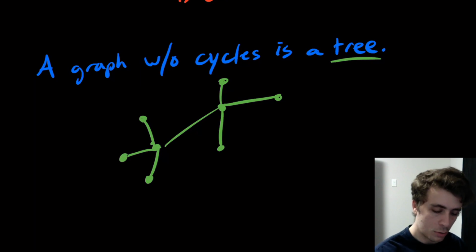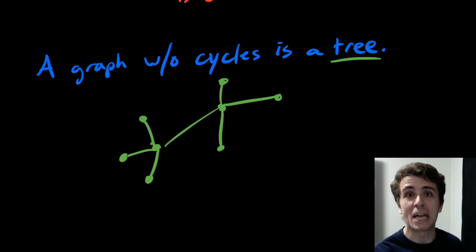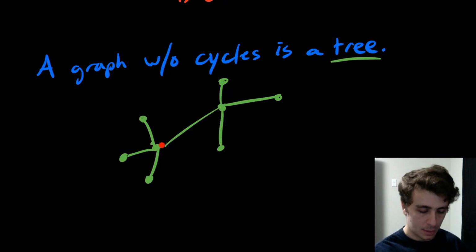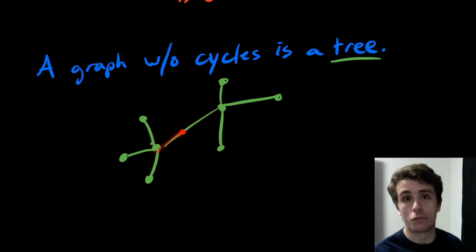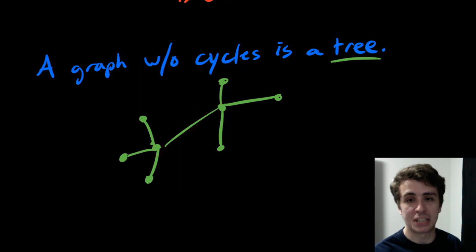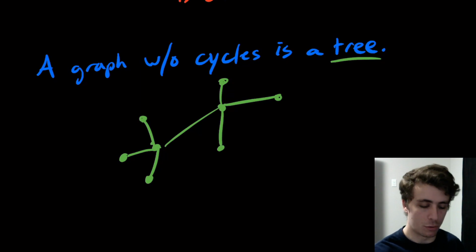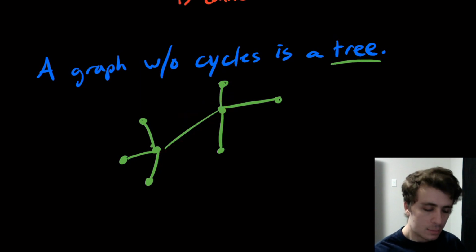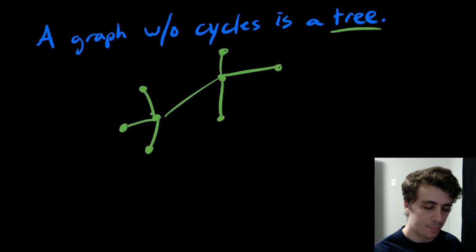Note here that there is no cycle. I could theoretically go from this vertex to this one and back, but I'm traversing the same edge. So that's in some sense not a cycle. A cycle has to have length at least 3 in order for this to work. Okay, so that's something called a tree.